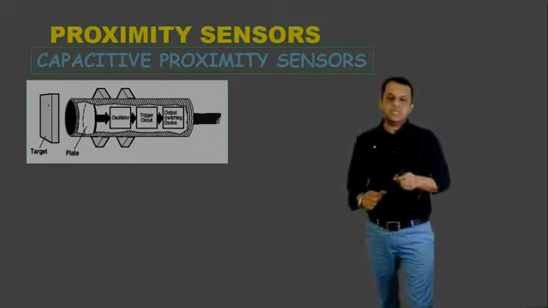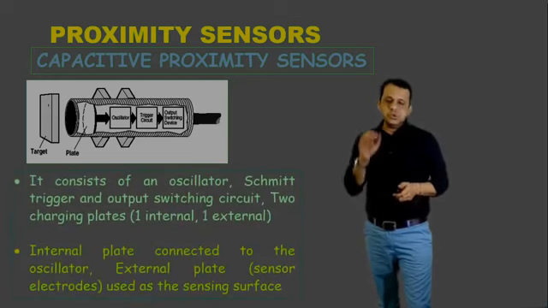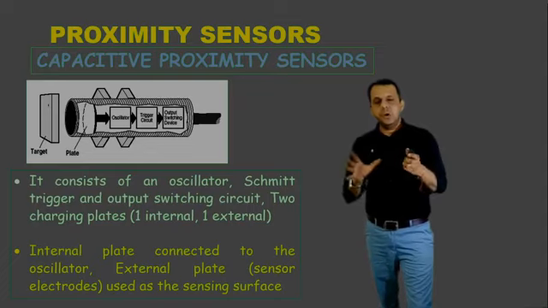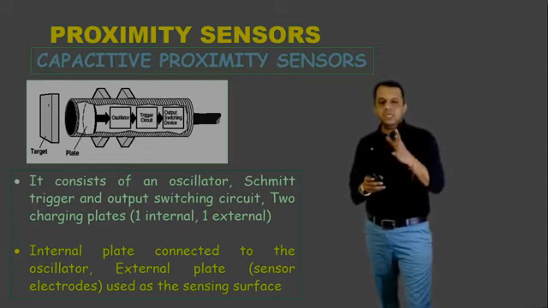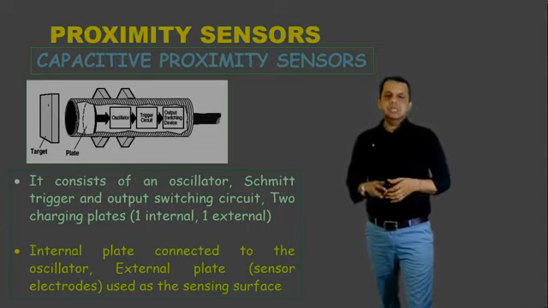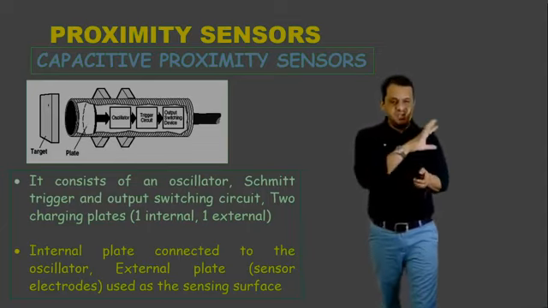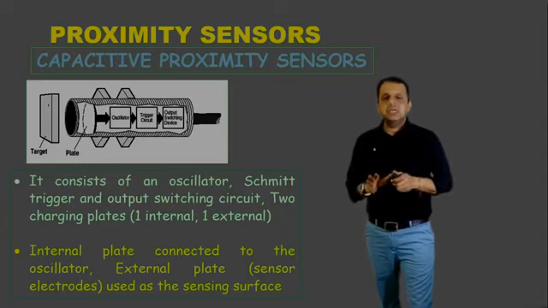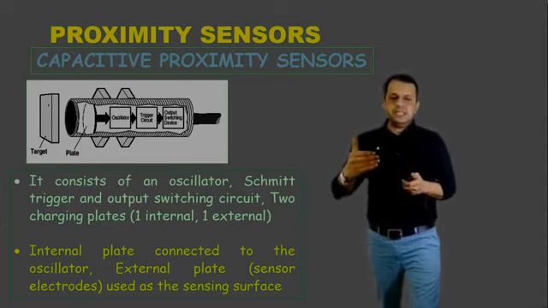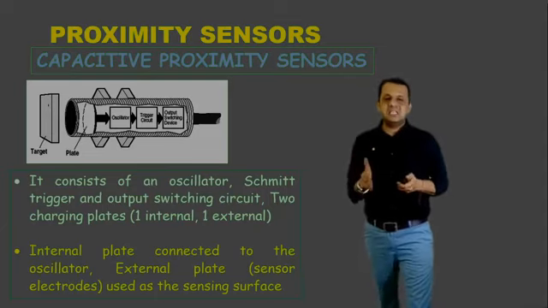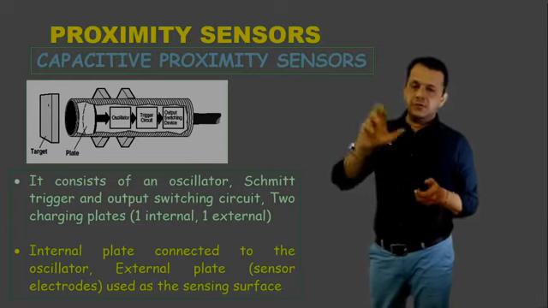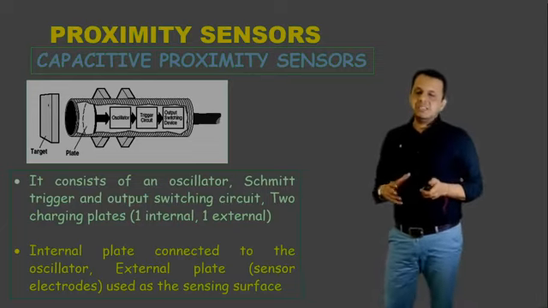Target means your object here. It consists of majorly four components: the charging plate, one internal and one external, the output switching circuit, then the Schmitt trigger and oscillator. The internal plate is connected to the oscillator, and the external plate is the sensor electrode, which you can see as the black face here, the sensing surface.